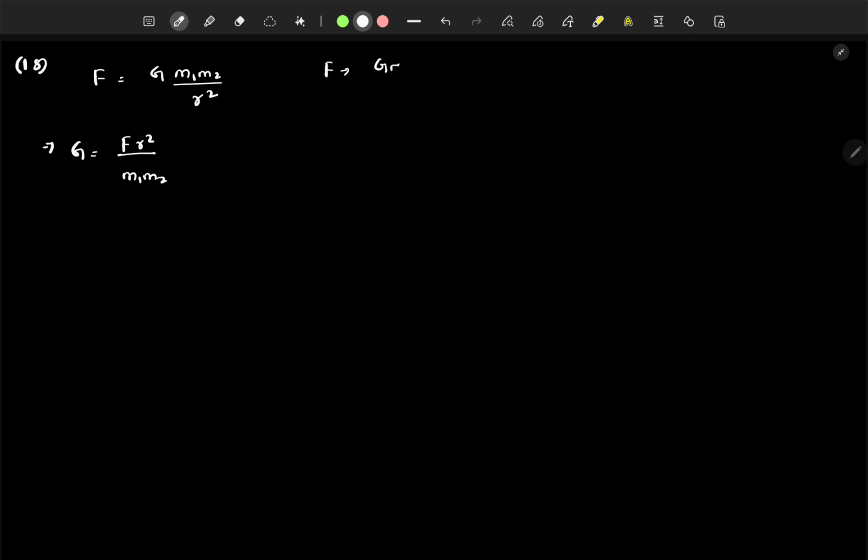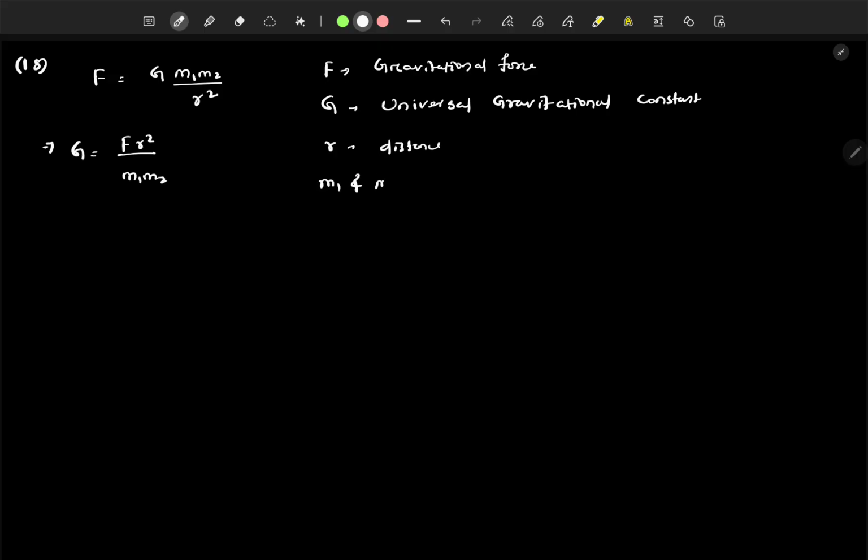F is our gravitational force. And what is capital G? Capital G is the universal gravitational constant. And what is r? r is the distance, and m1 and m2 both represent mass.